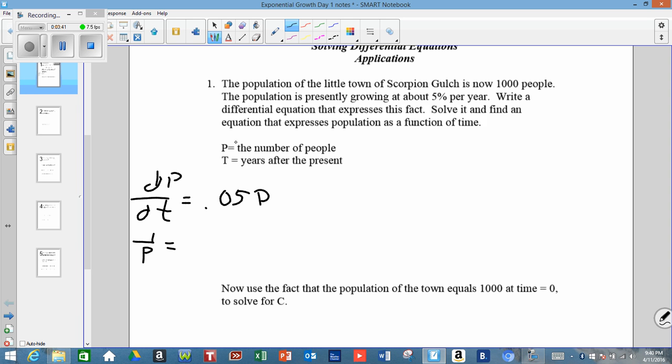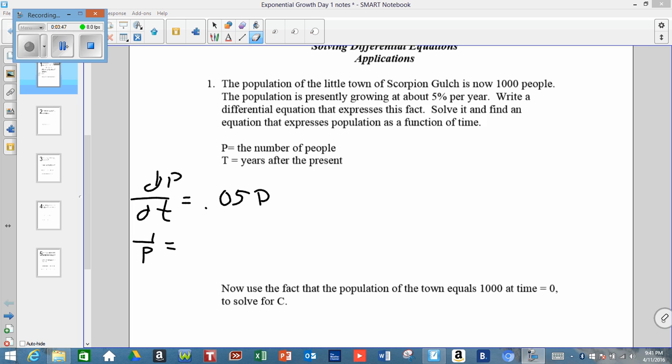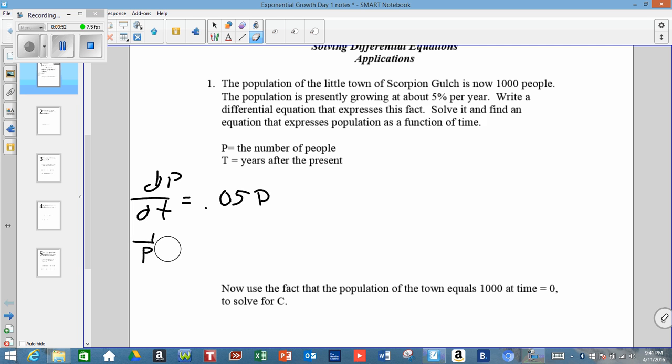So what we end up with is 1 over P, dP, equals 0.05, and then multiplying the dt to the right, we get dt.